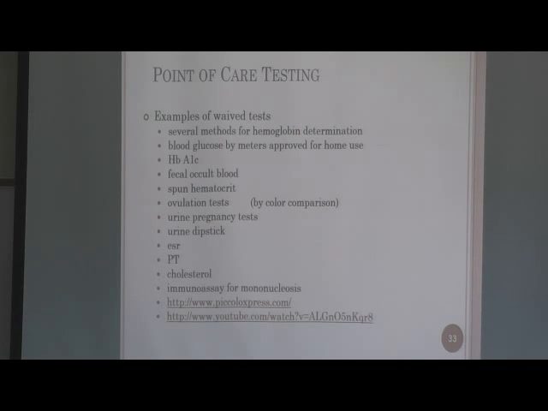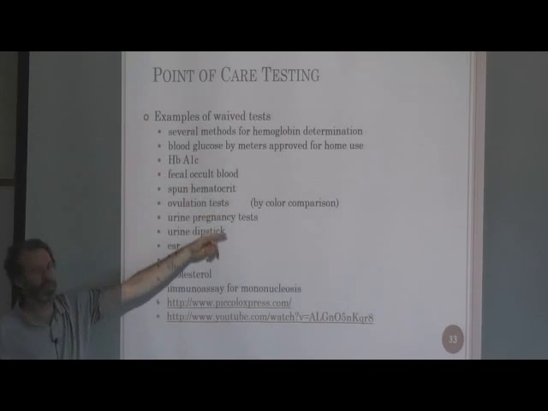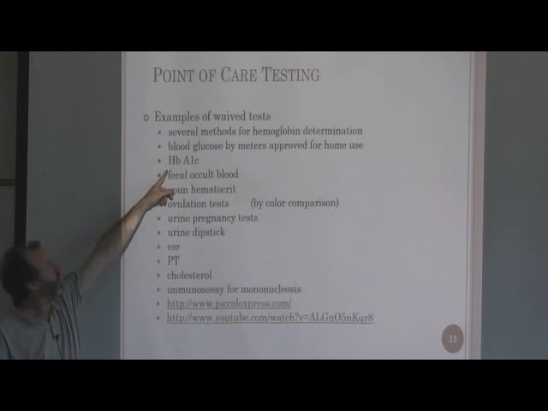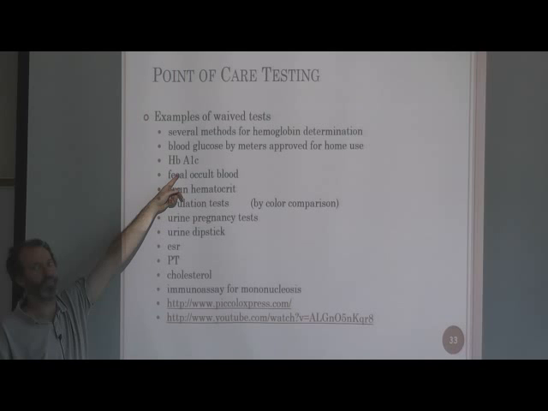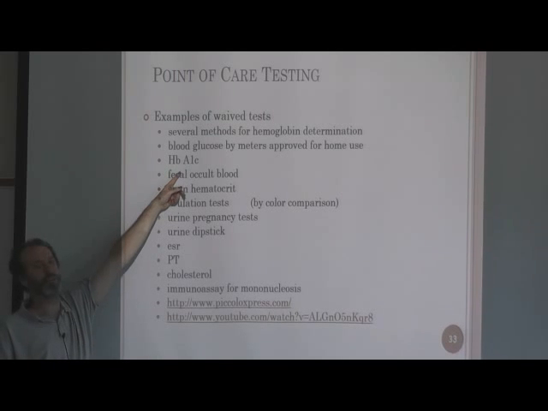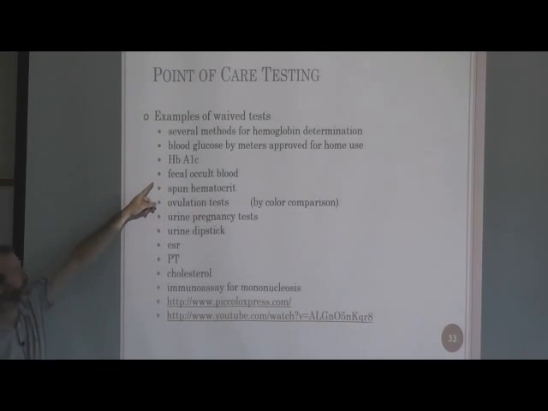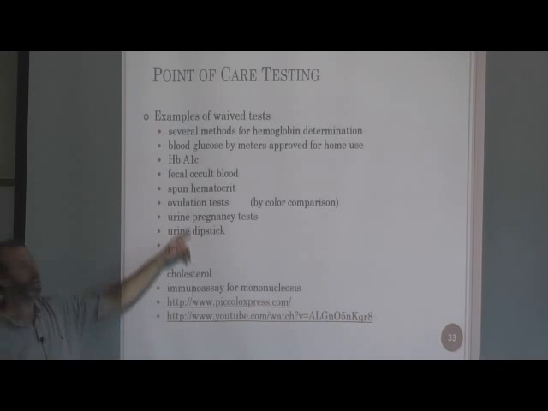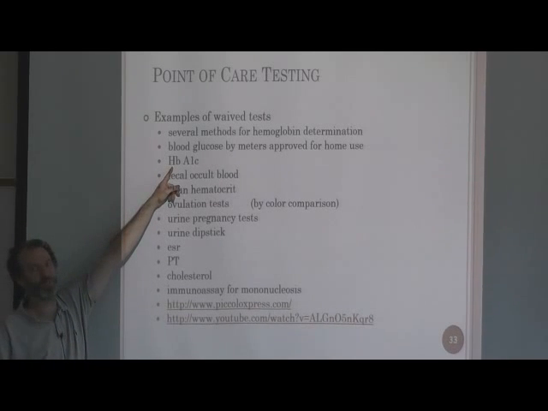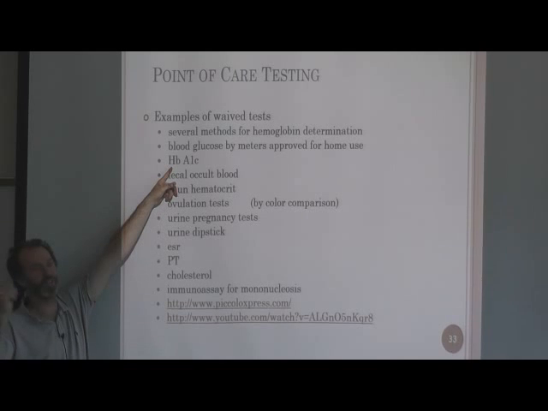Examples of some waived tests: there are several methods of hemoglobin determination. Blood glucose, we've all seen those, right? What's HbA1c? Your A1C is your residual glucose in your blood. It's glycosylated hemoglobin, where glucose is chemically reacted with the hemoglobin.